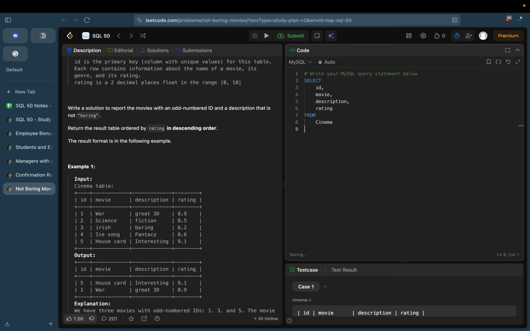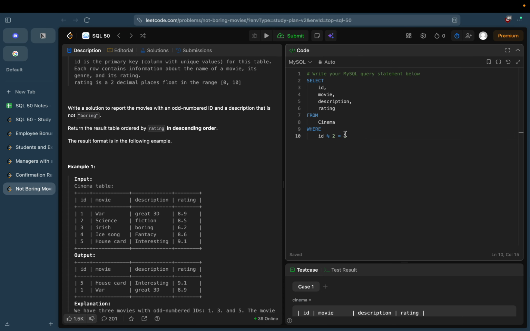Now we want to check our conditions, so I'll put a where clause. I don't see an aggregate function happening. We're simply doing a modulo function to solve for this, so I can use where rather than having. Where I can see my first condition was that the ID should be an odd number, so ID modulo, that is a percentage, 2 is equal to 1.